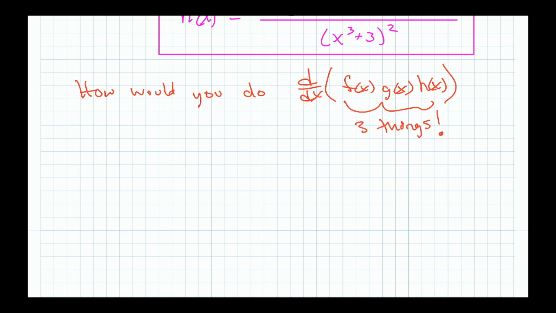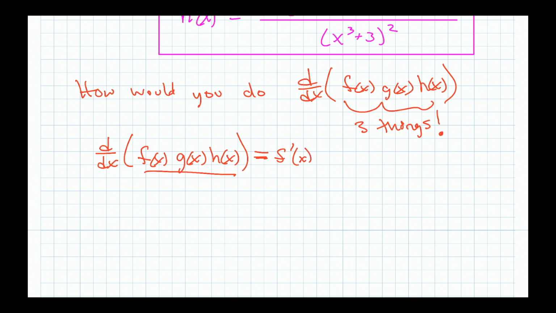Okay? Now, I could prove this. It's easy. I don't want to because of time. I don't think you want me to either. But here's what happens. So basically, if there's 3 terms here, there's going to be 3 terms on the right. And what you do on each term is you take the derivative of 1 out of the 3. So like I could write f prime g h.